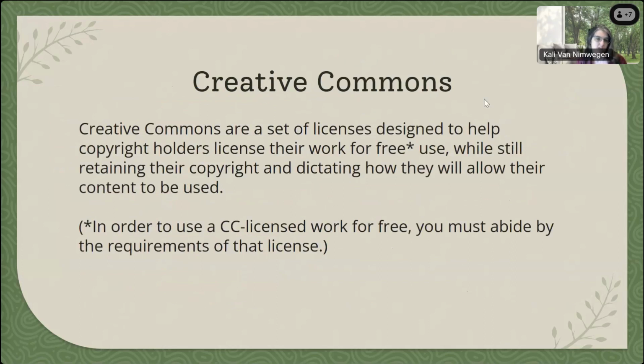But they can still retain their copyright and dictate how they are allowing their content to be used. So in a bit, Janelle's going to go over that in more detail so that you can get an idea of how to use some of these licenses for your own work and what they mean when you see them out on the internet and in the wild.